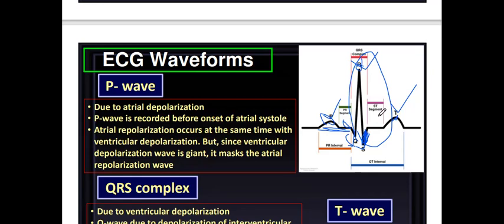So we are taking the ST segment. So P to R is one segment, S to T is one segment, Q to T is one segment, and we have the QRS complex. We will combine Q, R and S and call it the QRS complex.